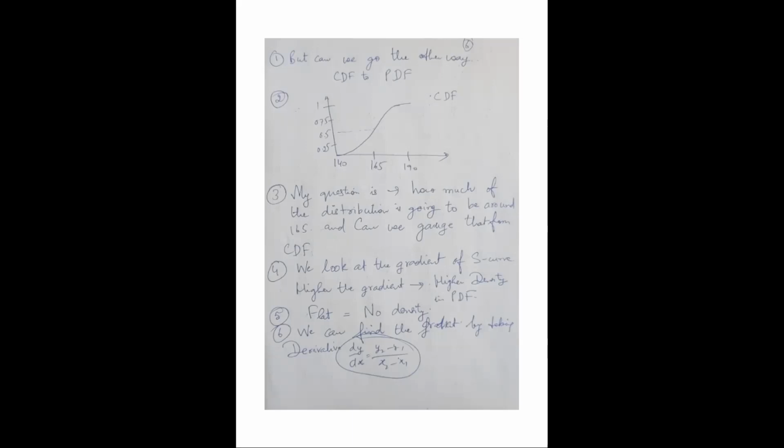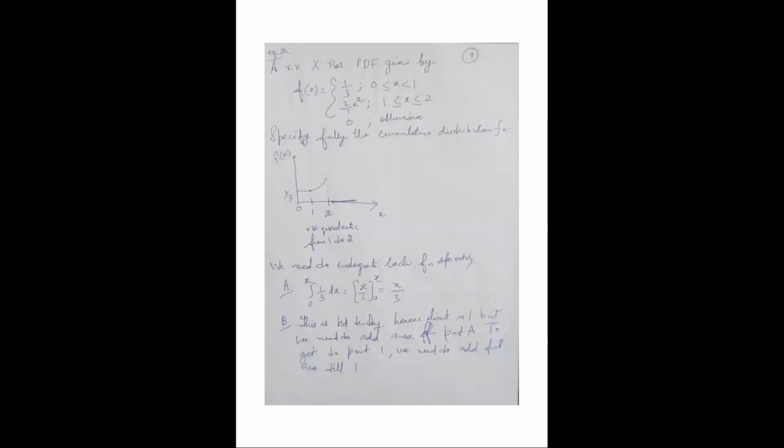The more the gradient, the more density, the more proportion of probability will be there. Where the curve is flat in the cumulative distribution function, the density is 0. All right. So this is related to the random variables and the probability distributions associated with them.